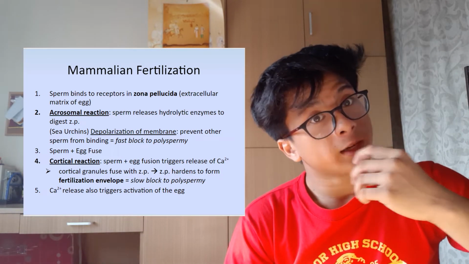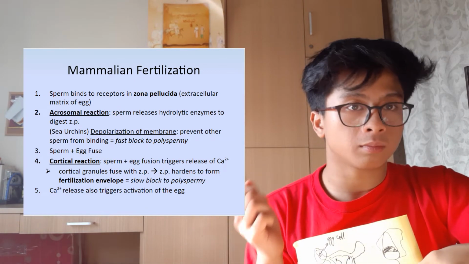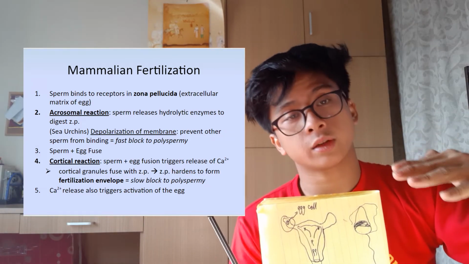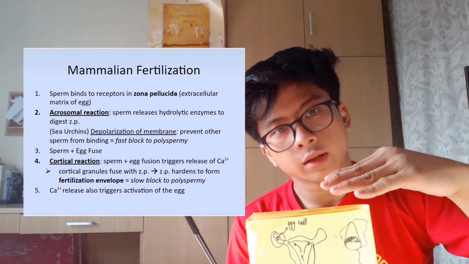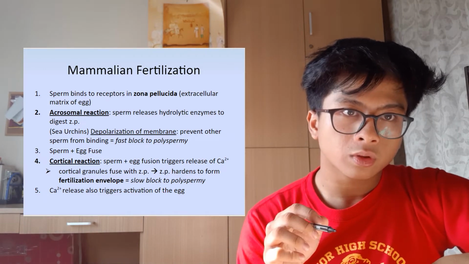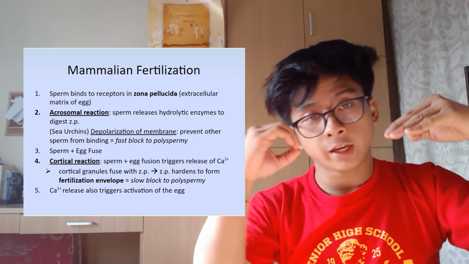So, as a summary for this overall slide number 3, the first sperm cell has to penetrate the zona pellucida, the outer membrane.